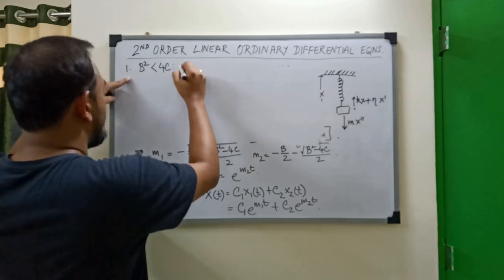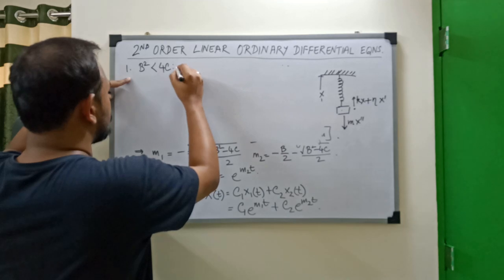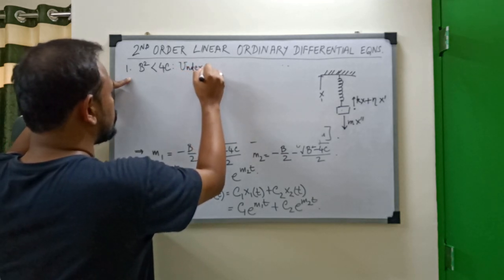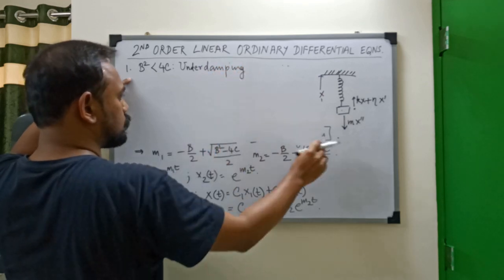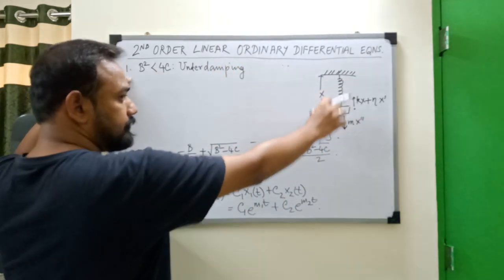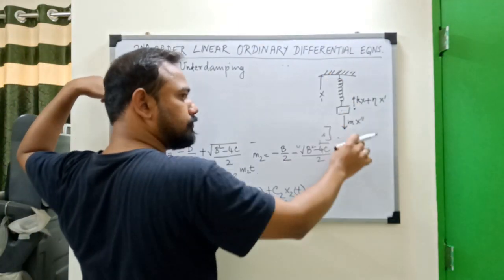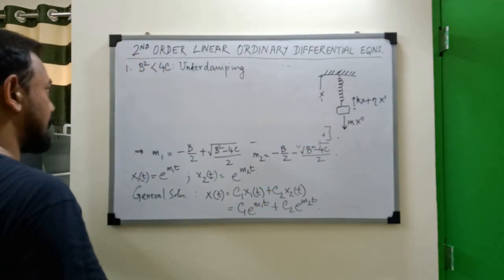So m1 and m2 would become complex numbers, and that's the case of what is called underdamping. Damping refers to how much resistance there is. If it's underdamped, it's going to continue to oscillate for a while before it comes to a standstill.